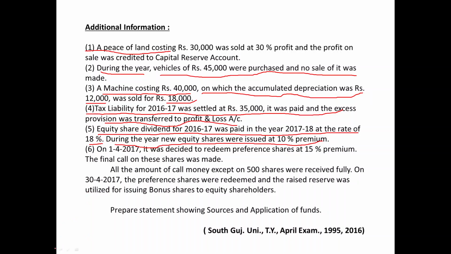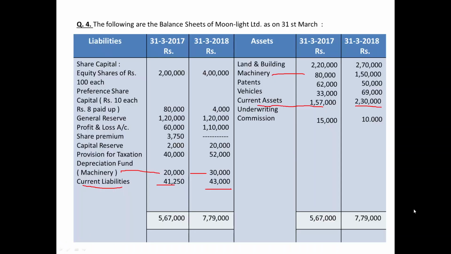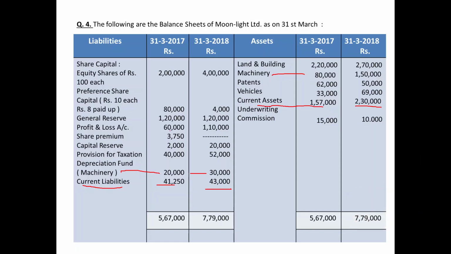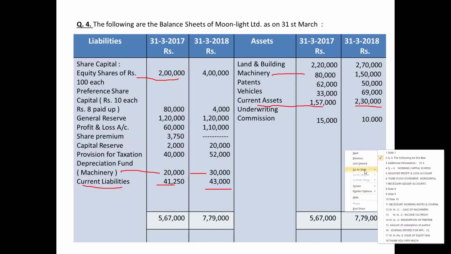Let us consider first one related with dividend for the last year paid in the current year. Have a look in the balance sheet. Equity share capital 16-17 balance is 2 lakhs and dividend has been paid for the last year 16-17 on this balance of rupees 2 lakh at the rate of 18%.